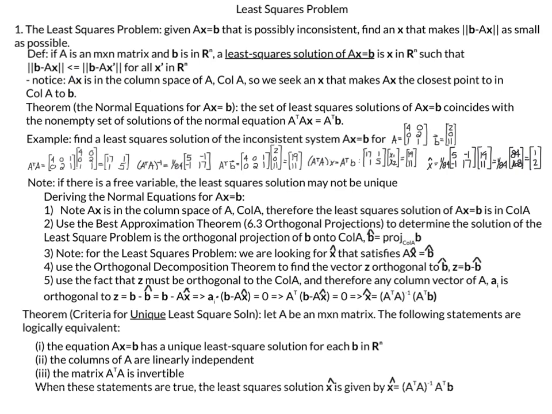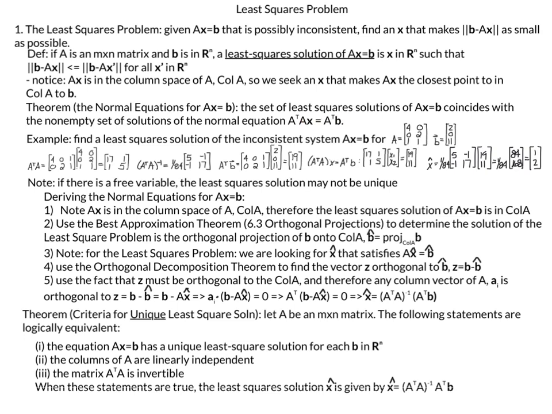We noted that Ax is in the column space of A, which we use later in deriving the normal equations. The solution to the least squares problem is given to us by this theorem, the normal equations for Ax equals b. It says the set of least squares solutions of Ax equals b coincides with the non-empty set of solutions to the normal equation A transpose A x equals A transpose b.